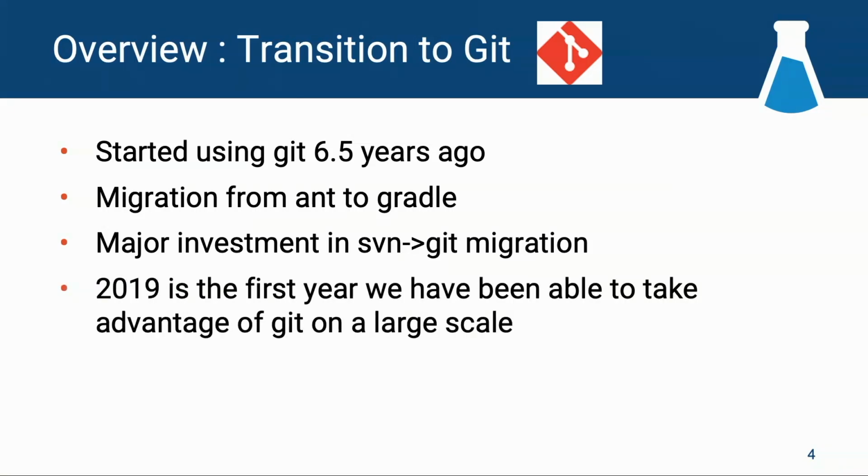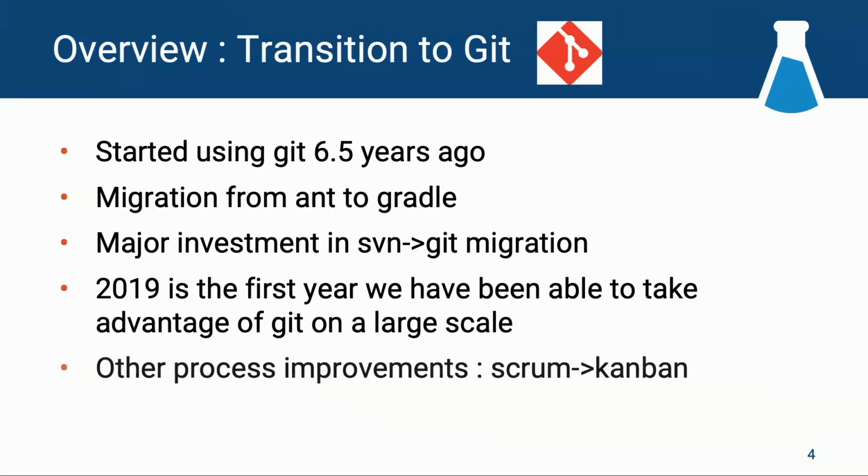So this year is really the first year that we've been able to take advantage of Git on a large scale and all of the workflows that it opens up for us. Also mentioned yesterday, the team completed the transition from one agile methodology to another, Scrum to Kanban.